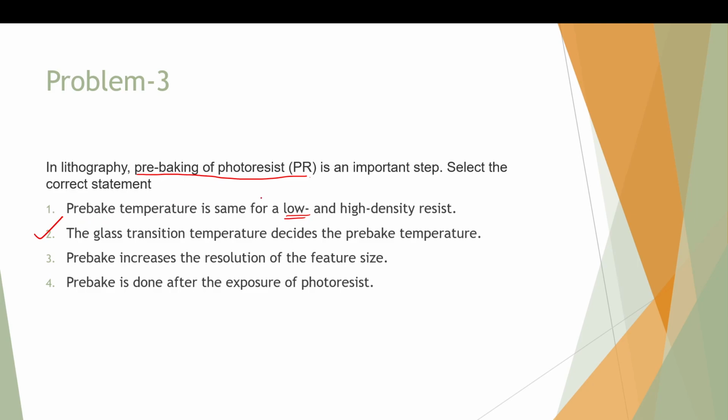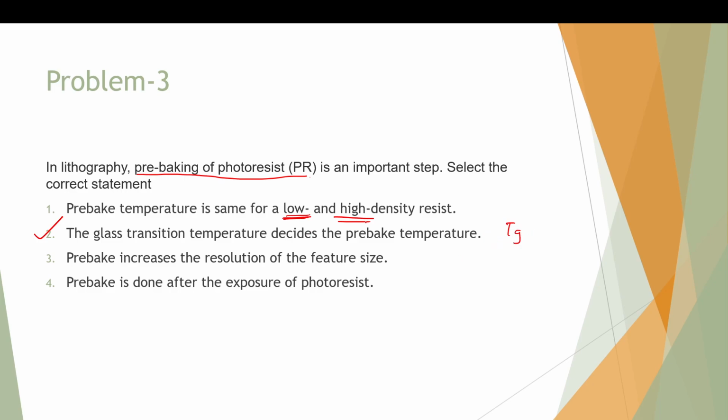So the diffusion of that acid will depend on whether it's low density or high density. In low density, we usually prefer to heat it to a temperature below the glass transition temperature. And in the case of high density resist, we can heat it above Tg, the glass transition temperature.